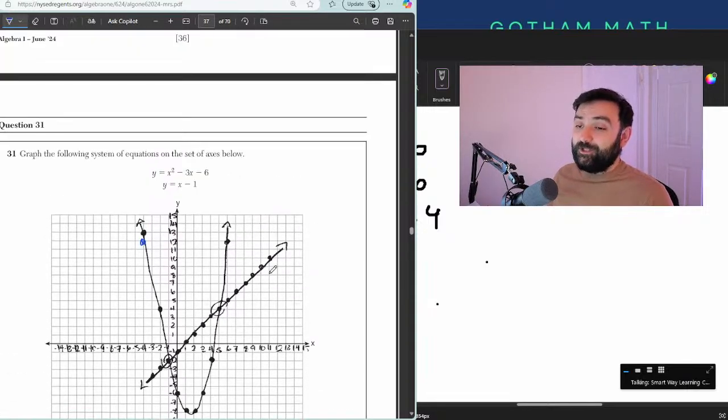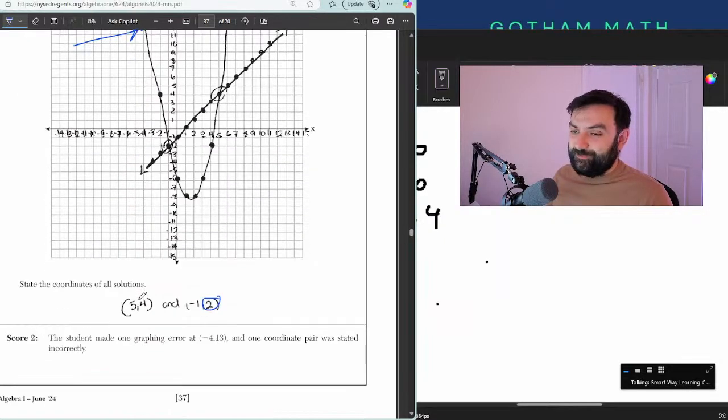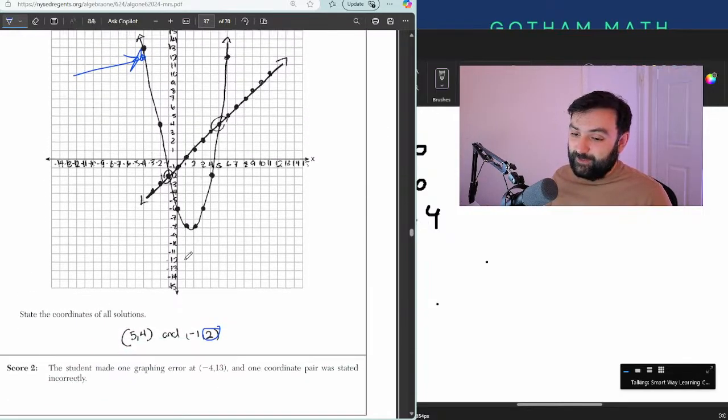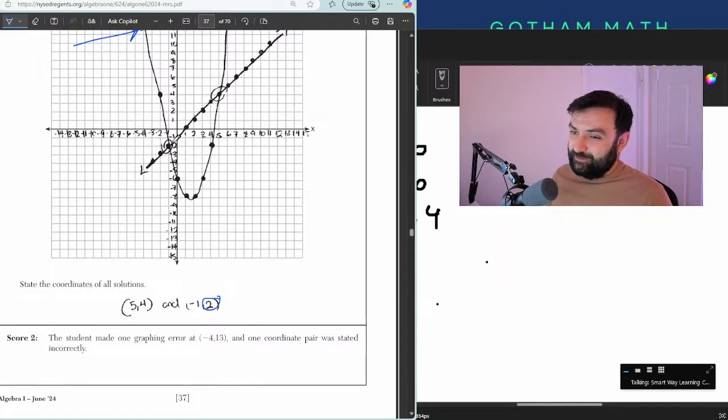Well, punishing someone for that irrelevant point, kind of harsh, considering that all of the points are graphed correctly. The arrows are there, and they circled the correct locations. So I don't know if it deserves it.